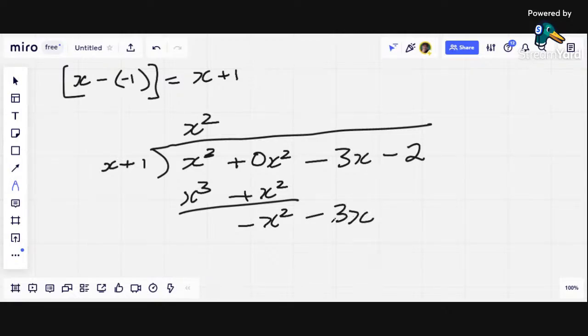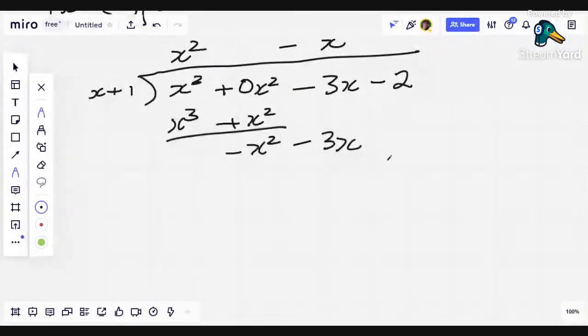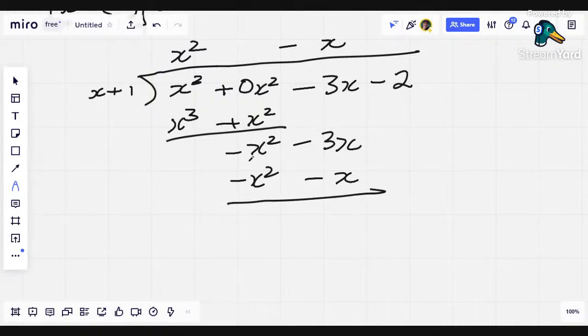Now, to deal with that x squared, we need to go with minus x. Minus x times x is minus x squared. Minus x times 1 is minus x. So these two are the same, so those are going to cancel. That's beautiful.